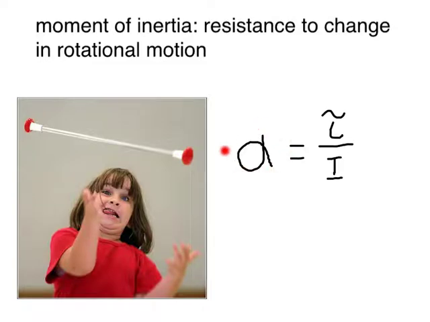So alpha is our angular acceleration. Torque is force applied in a way that produces rotation. So the amount of change in rotational motion depends on, of course, the amount of force you apply in a way that causes rotation, but the more resistance there is to a change in rotational motion, the less acceleration you'll actually get.